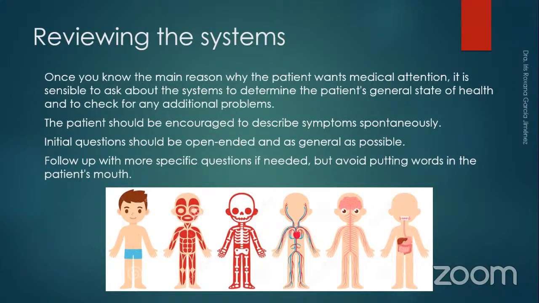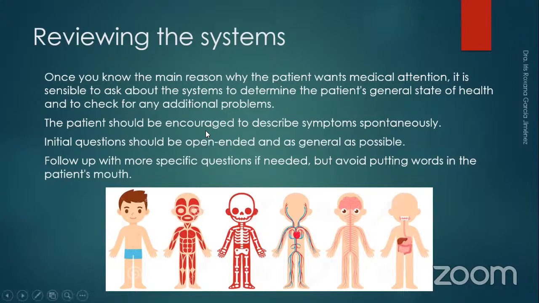So we look for the principal complaint, why the patient is going to the appointment. And then we go specifically to the point. We all know about it. We do it every day with all of our patients.